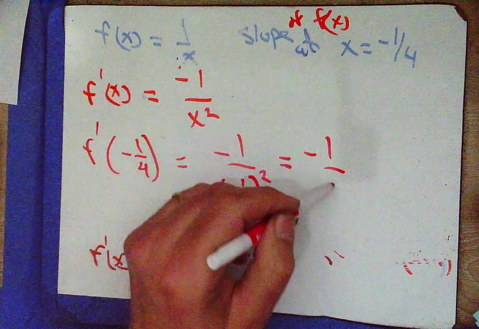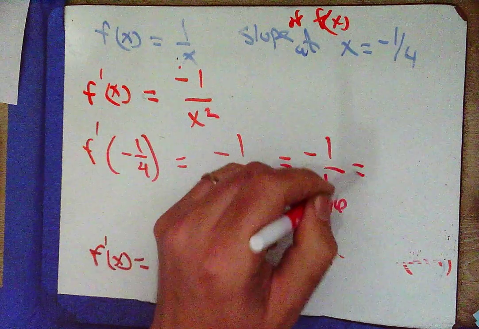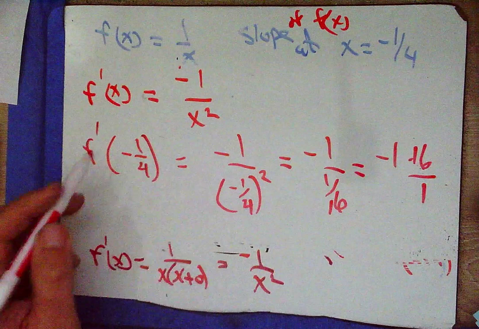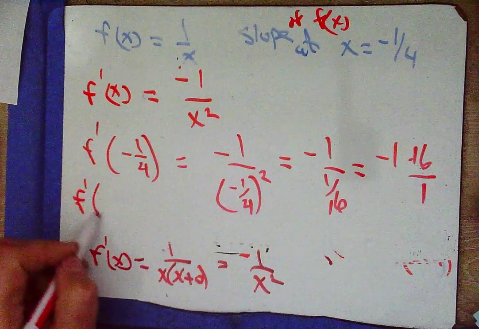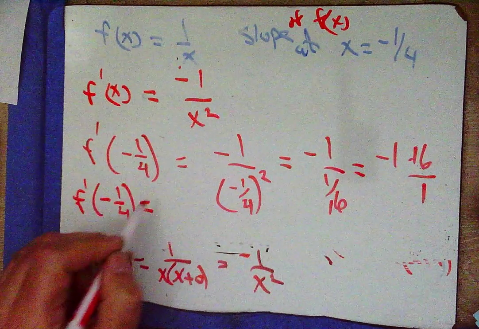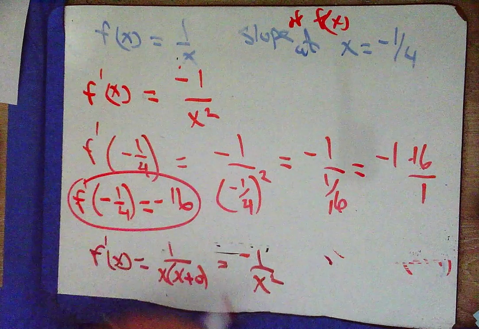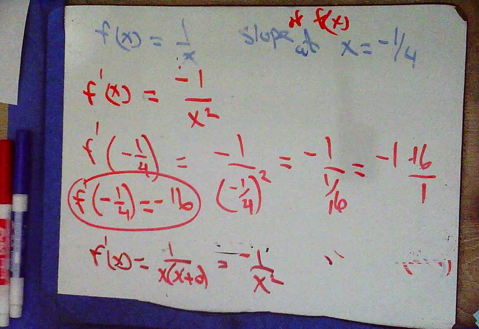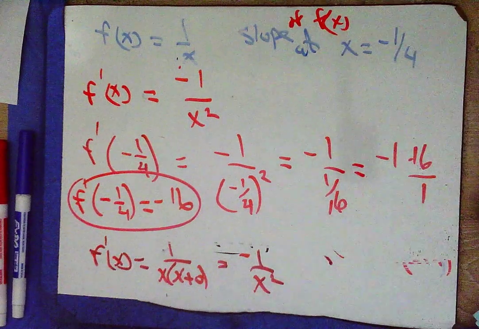So negative 1 over 1/16, and when I flip and multiply, I get that f prime of negative 1/4 should be negative 16. The slope on f at negative 1/4 is negative 16.